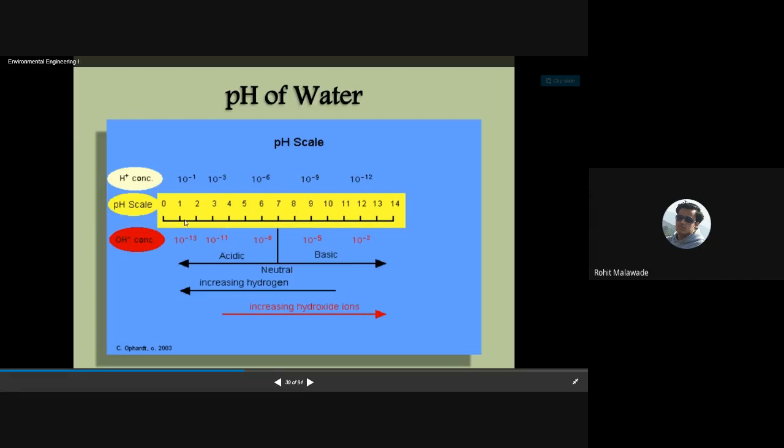Now, if I consider a solution of pH 1, it is more acidic in nature as compared to 2. 1 is more acidic.